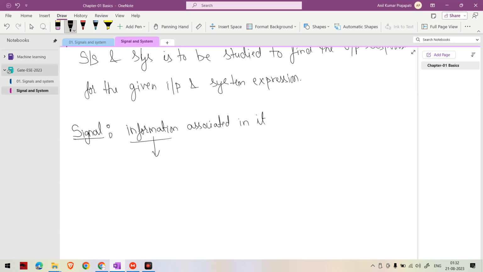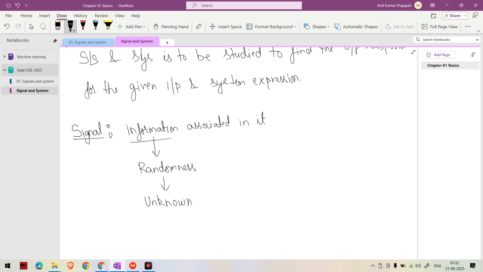Basically, information we can define in terms of randomness. More the randomness, more the information. For example, randomness means which is unknown basically. We don't have any prior knowledge of that, which is having more randomness. For example, on a very sunny day, suddenly the rain occurs.